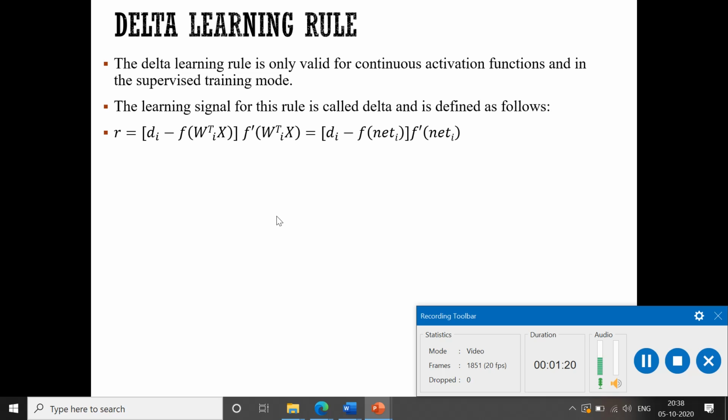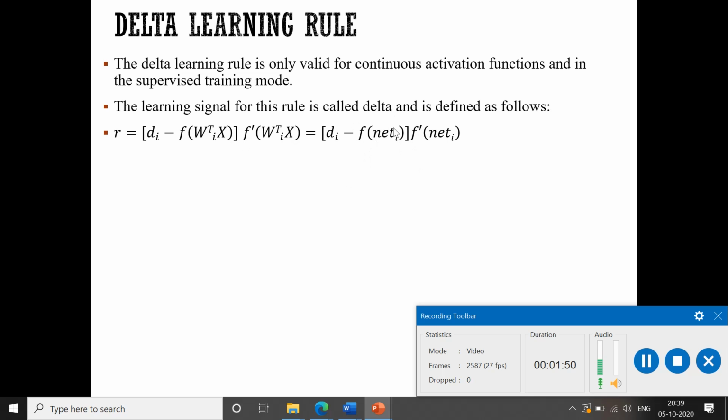Now in this case, the learning signal would be made up of, in case of the perceptron learning rule, di minus oi. And here it is made up of di minus oi multiplied by the derivative of oi. So oi is nothing but f of net, that is f of wi transpose x.